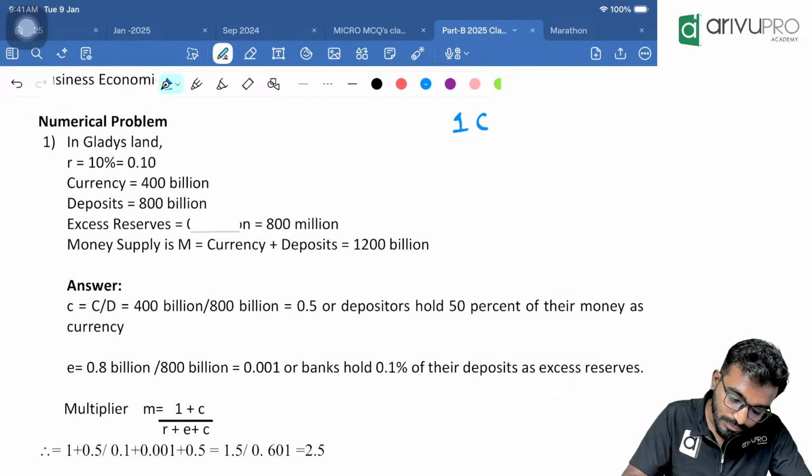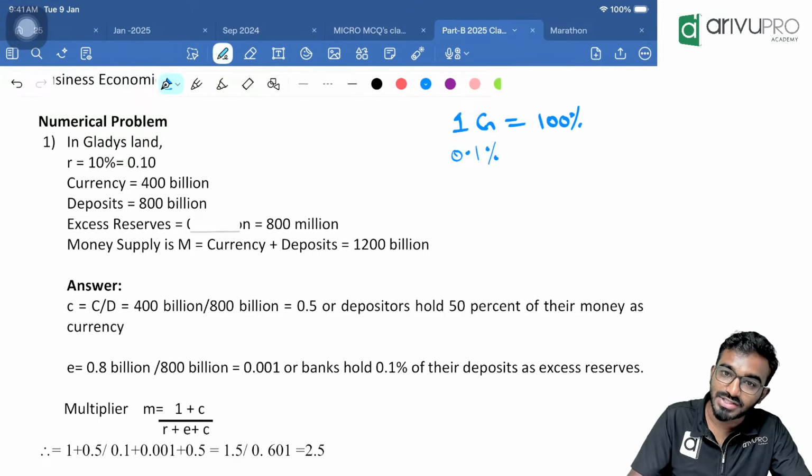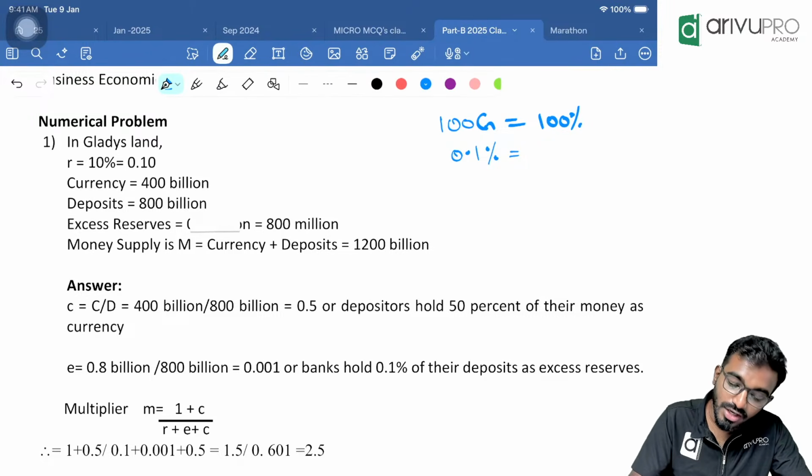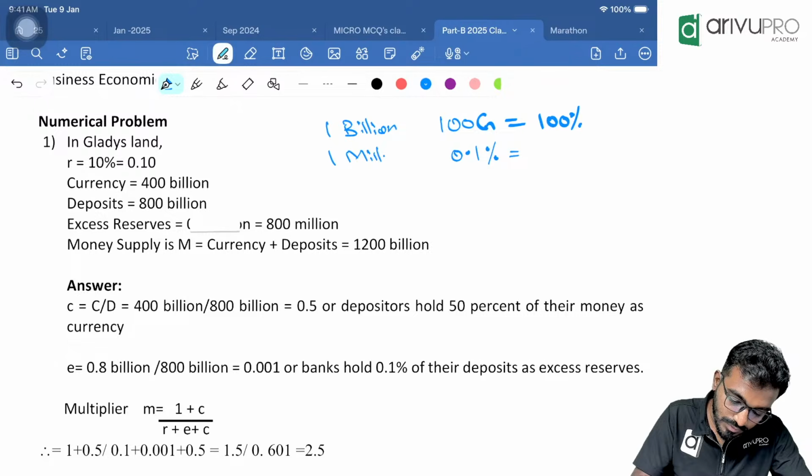See, 1 second, sorry, not 1 crore, 100 crore. This is called 1 billion, and 1 million is 10 lakh.